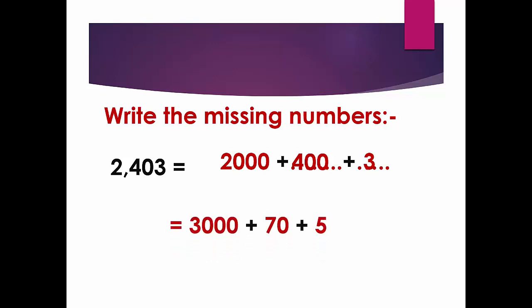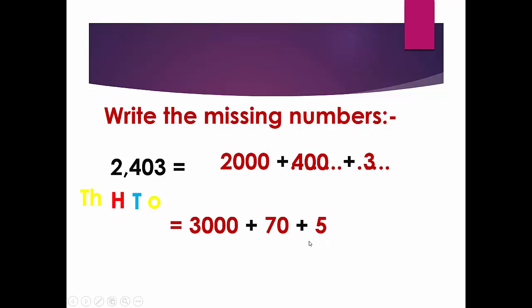Here I have 3,000 plus 70 plus 5. If I want to write the standard form of the number, I have to write the places first: ones and tens and hundreds. Okay. First, I look for the number which has no zeros.